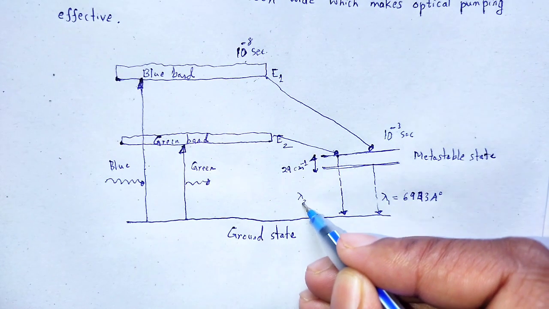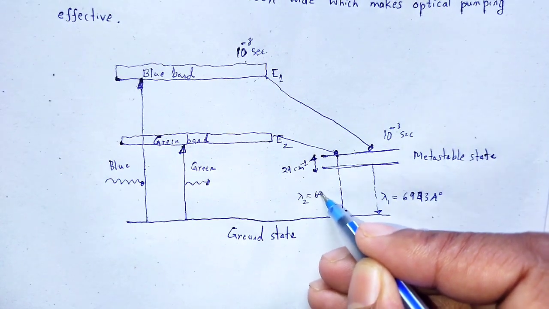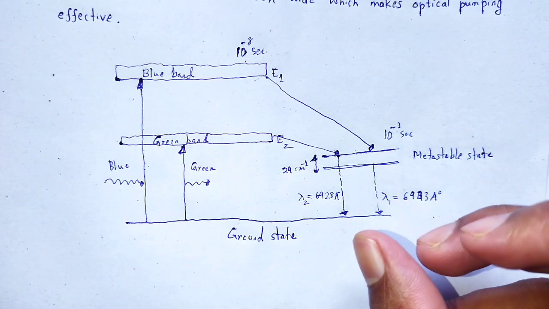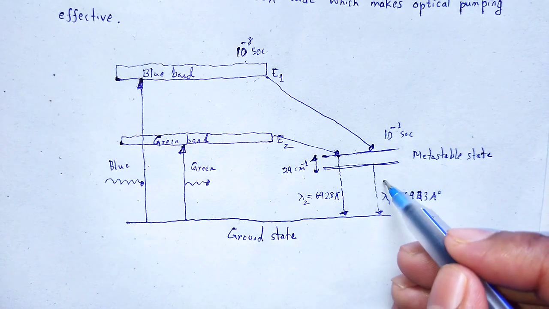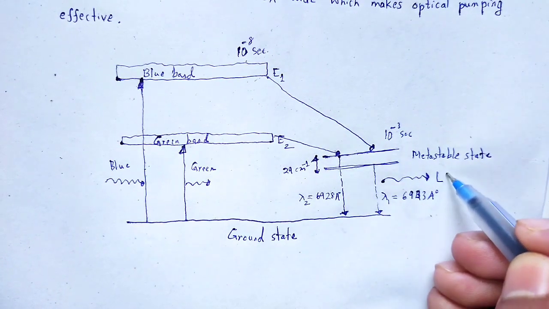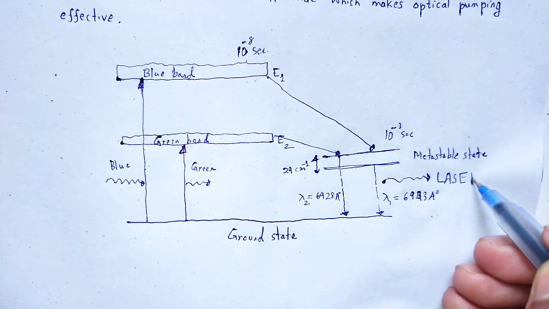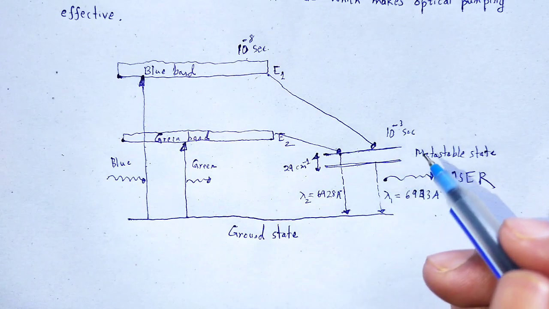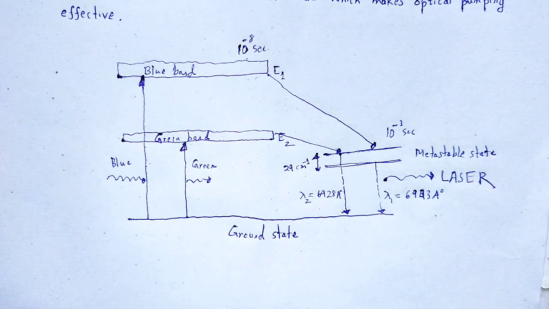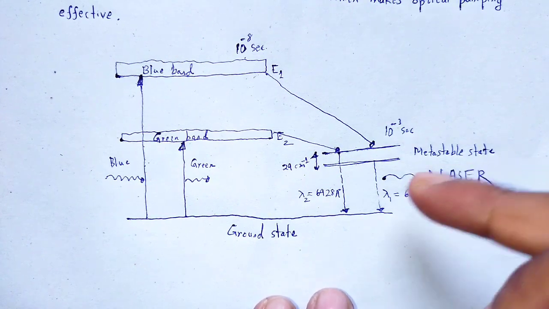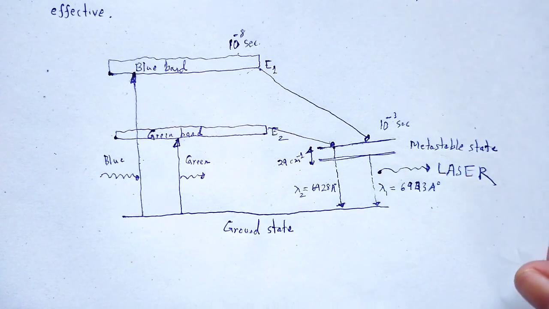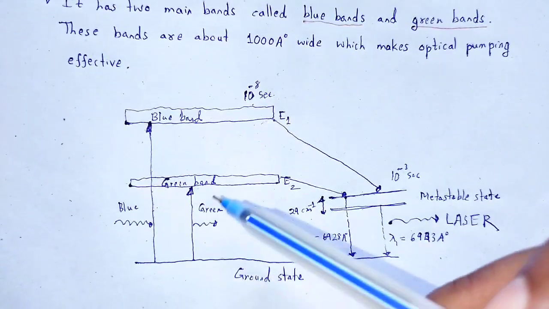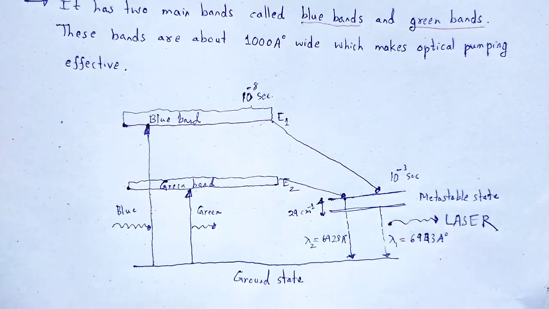It has the wavelength lambda 2 as 6928 angstrom, that is nothing but red light. So, we obtain laser by using that ruby crystal. That is the working process of ruby laser, and that working process is based upon 3 level laser system: 1, 2, 3.